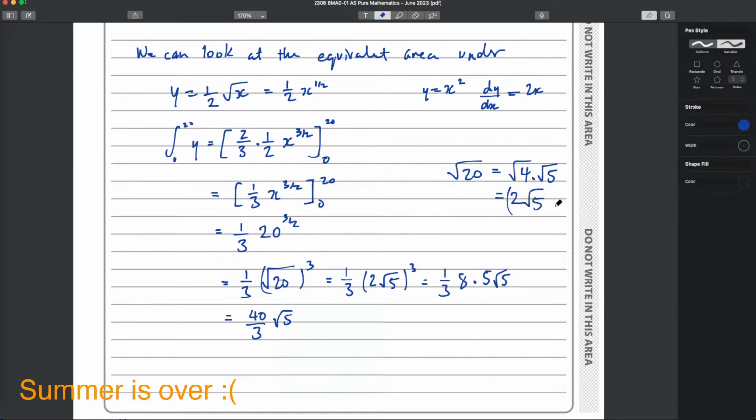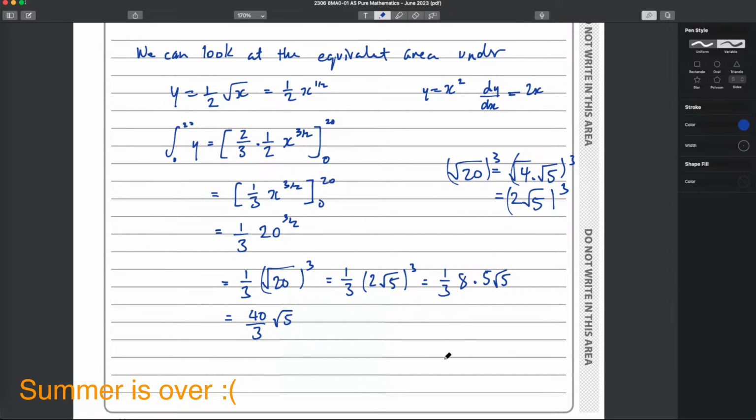And all of this is to the power of 3. So that was this step here. And then cubing 2 gives us 8. So I think there's no root there.